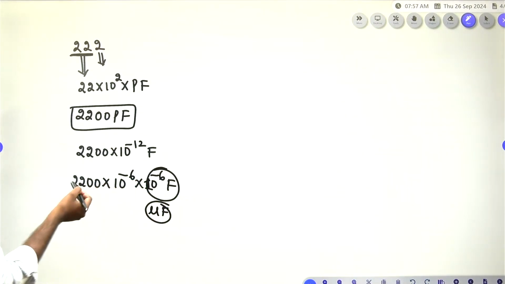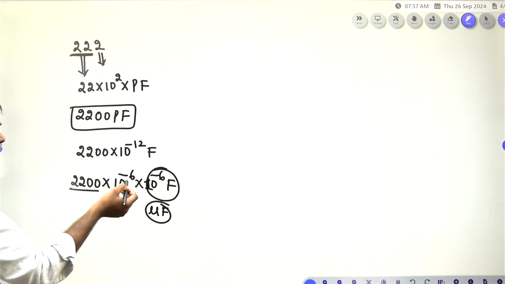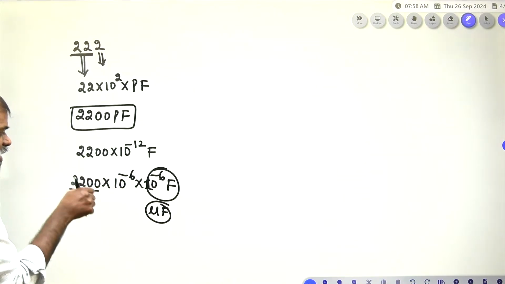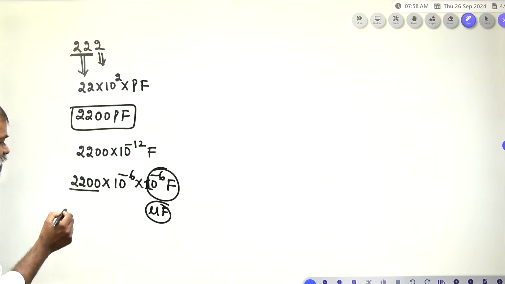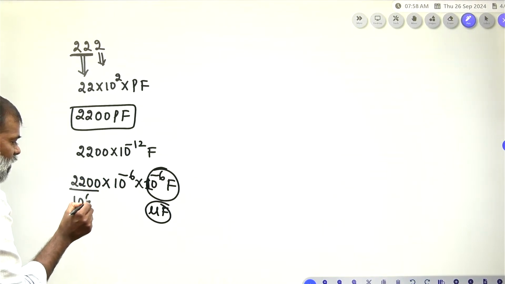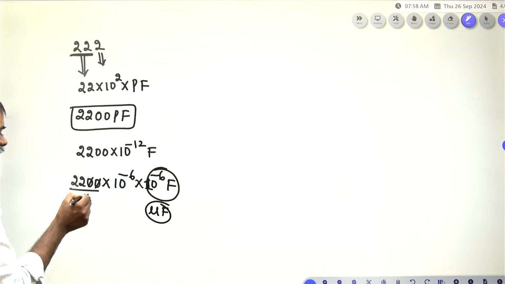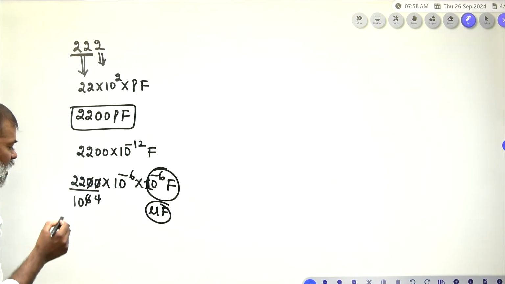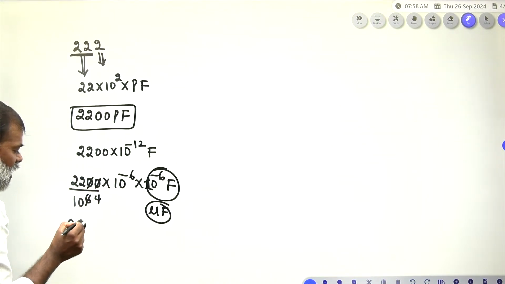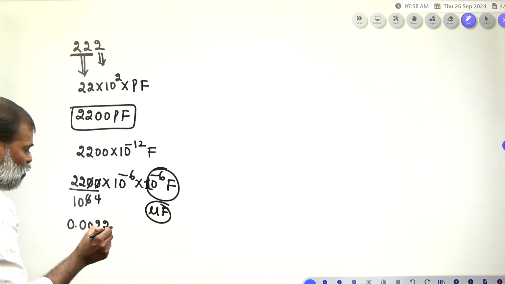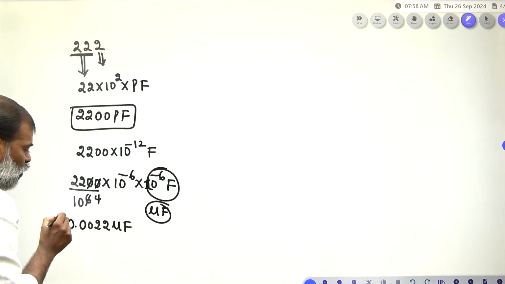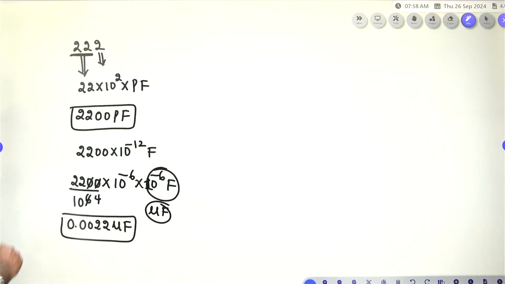Here 4 zeros are there, so you divide by 10 to the power of 6, two zeros cancel and 4 decimal places come. Therefore, 0.0022 microfarad in terms of the microfarad.